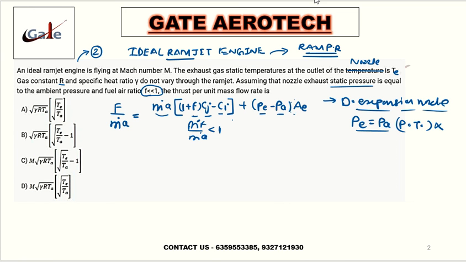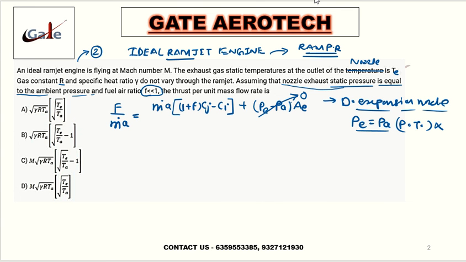Okay, so let me erase all this. Now they are saying that you please consider nozzle exhaust static pressure equal to the ambient pressure. Okay, so that means both are the same, so this term is gone.